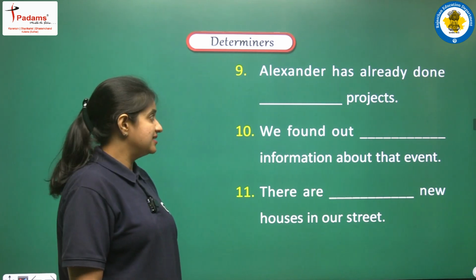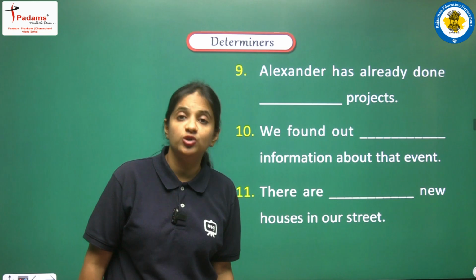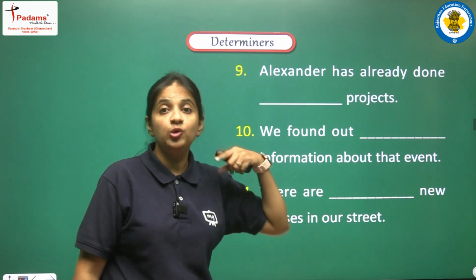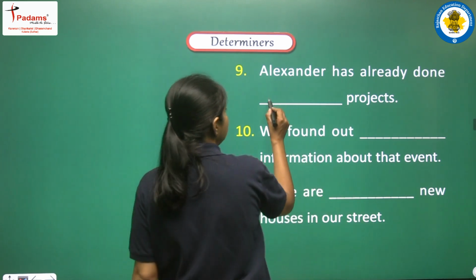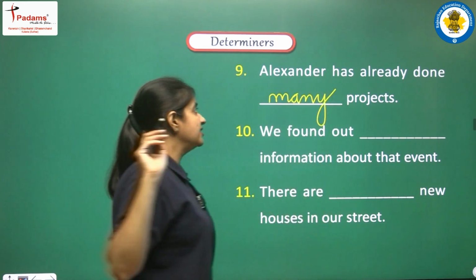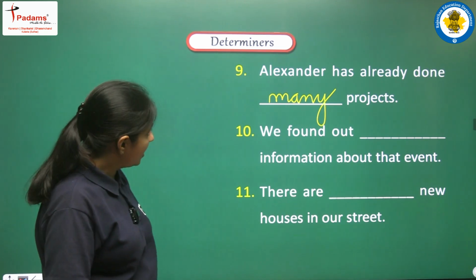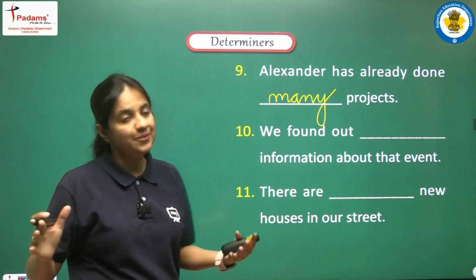Next, Alexander has already done projects. So we are having projects, that is first of all a plural noun, and that is also a countable noun, and for that here in this blank we have to write many, and the complete sentence will be, Alexander has already done many projects. Okay.